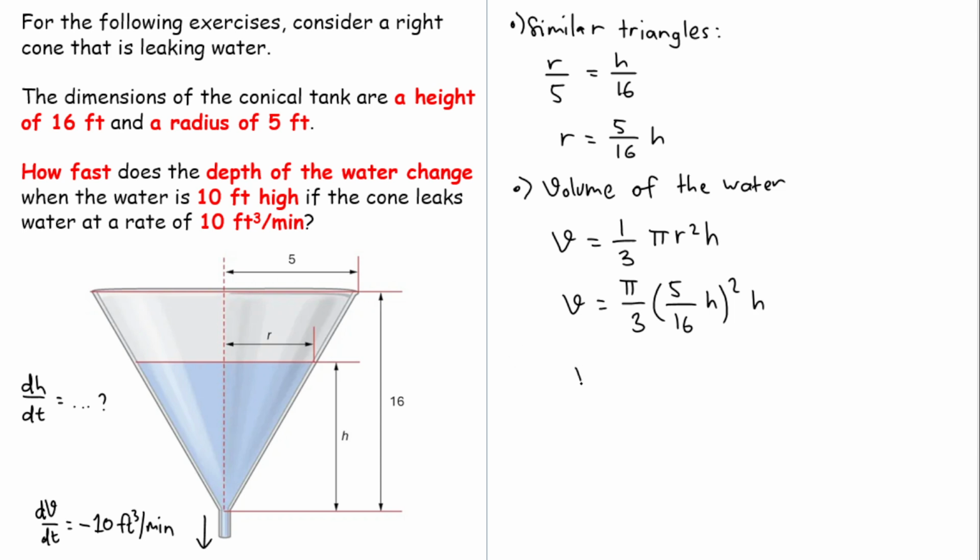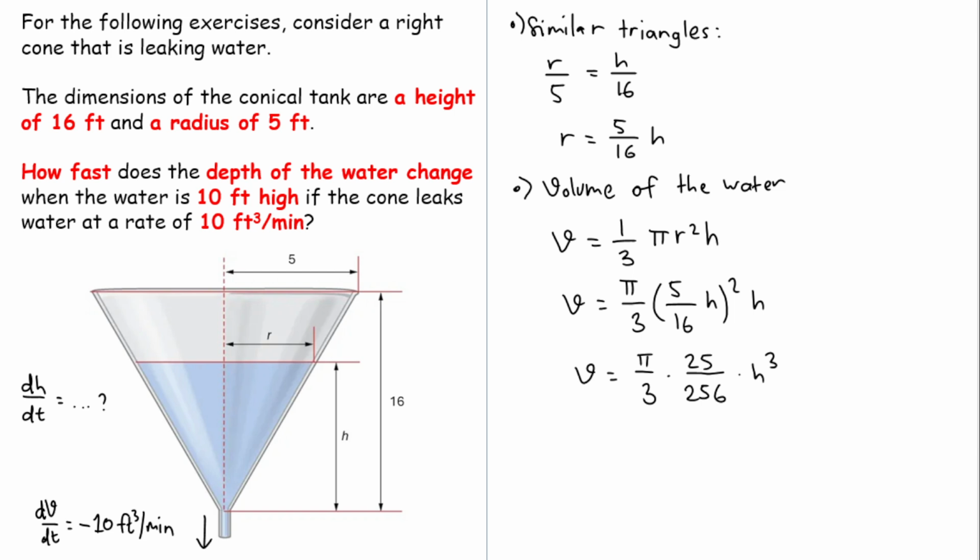So we will have V here equal to pi over 3, then multiplied by 25, and then divided by 16 squared, that will be 256. And then h squared multiplied by h, I will have h to the third power.